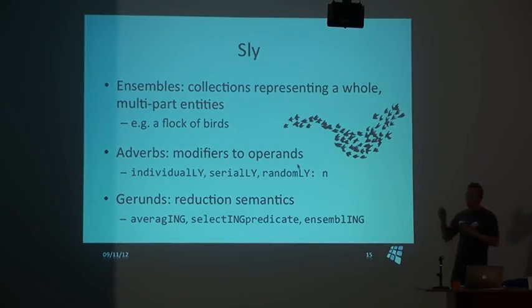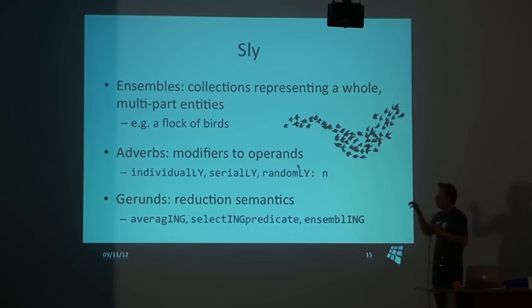You really want to work with collections, and you want to have that notion as a first-class notion in your language. So they started to call it ensembles, and the main idea is that if you send a message to an ensemble, that also gets sent to all the members of the ensemble, all the items in that collection.